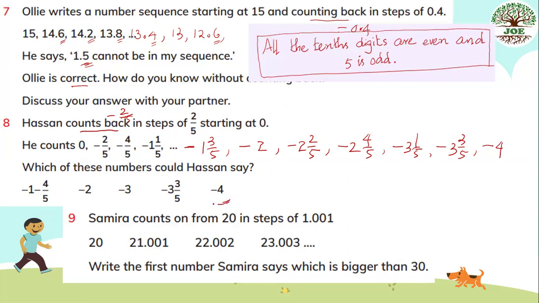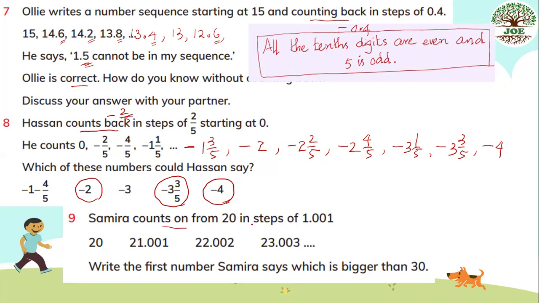So negative 4 and negative 3 3/5 are included, yes. And negative 2. So the numbers Hassan could say are negative 2, negative 3 3/5, and negative 1. 3 numbers.